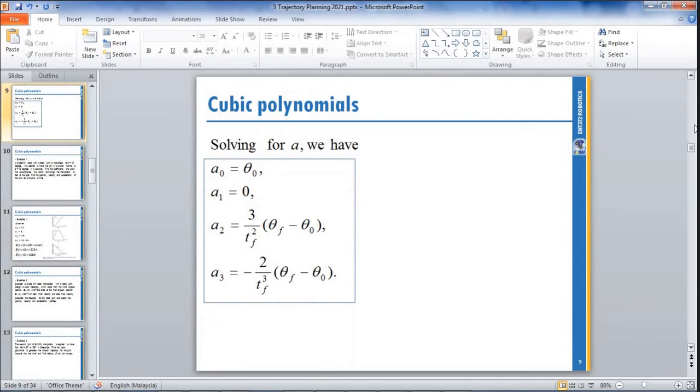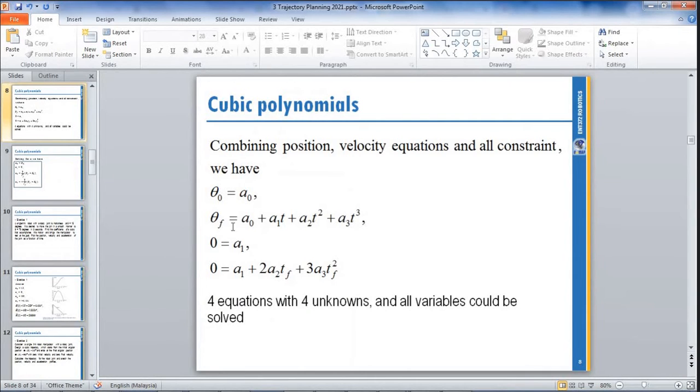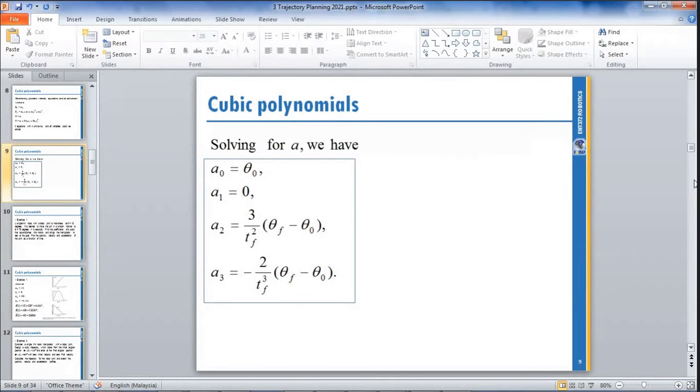By solving this equation, this is the velocity at initial and this is the velocity at final. So at initial, when velocity is 0, you get a1 equals 0.